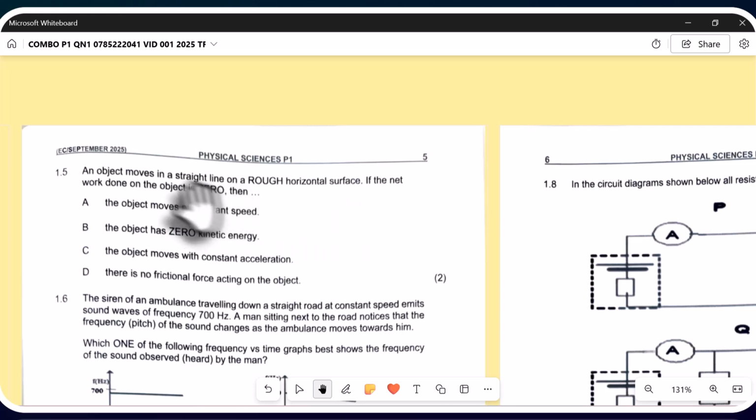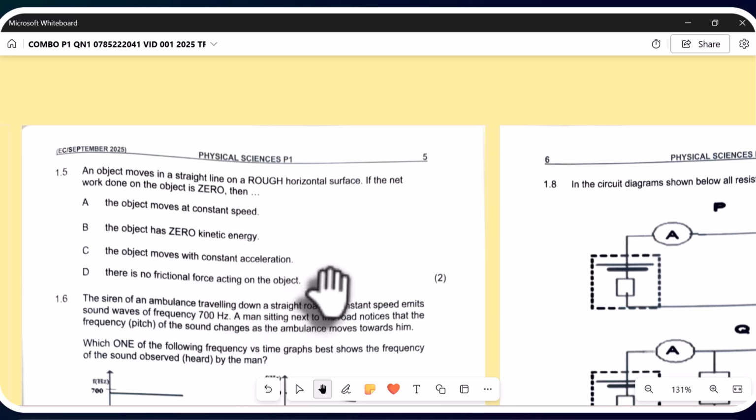The object has 0 kinetic energy. The object moves with a constant acceleration. There is no frictional force acting on the object. Okay, they say if the net work done on the object is 0. Are we together?